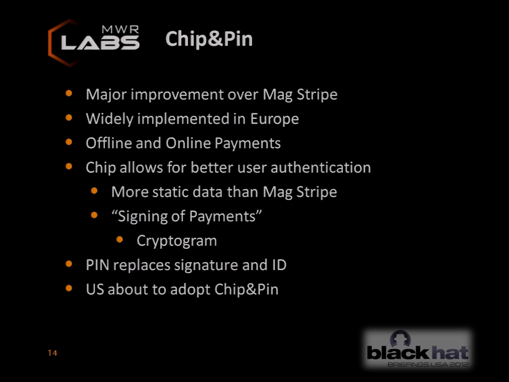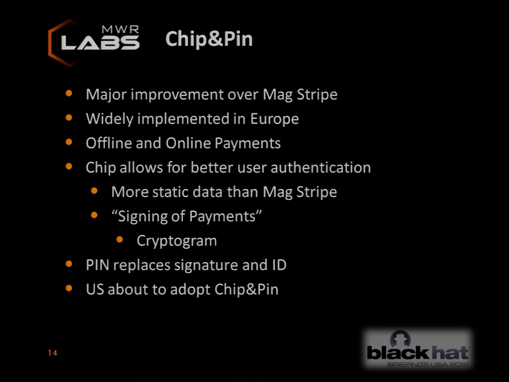Compared to the magstripe, the chip allows for much better authentication. From one point of view, it can hold much more static data which authenticates the card, so much more information that can be signed by the bank, for example, to say this is a valid card, or signed by the card issuer. And it also actively allows you to sign payments.